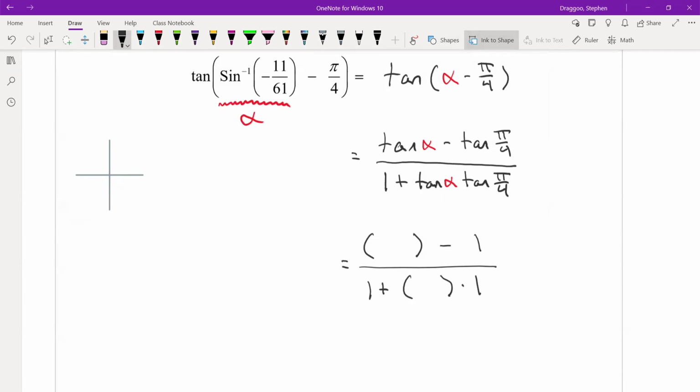It's only defined in those two. And it's negative, so it can't be in the first quadrant. Means I should sketch my reference triangle in the 4th quadrant. Looking at this one right here. Actually, let me try redrawing it again. Well, now my coordinate actually should have been over there.